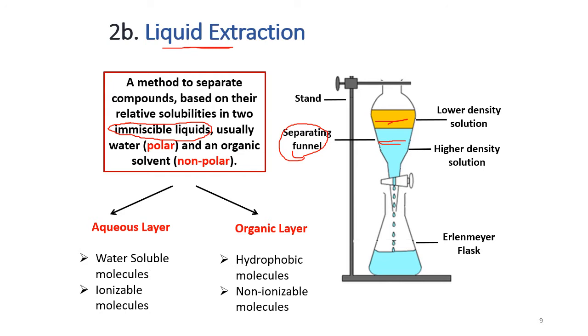We never know which is the organic and which is the aqueous unless we check the densities. The one with the lower density would be the upper layer and the one with the higher density would be the lower layer. So if we have a chlorinated solvent, for example, then they will be the ones with the higher density, so they will be the lower layer.